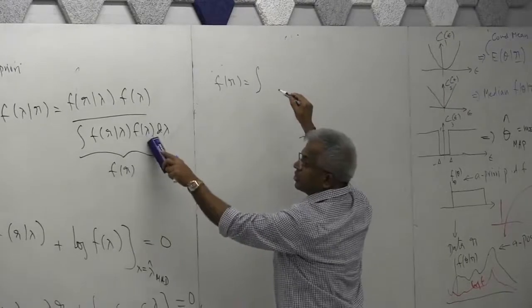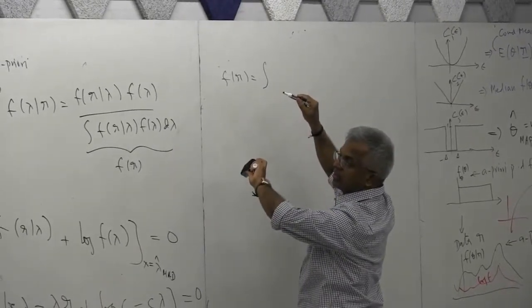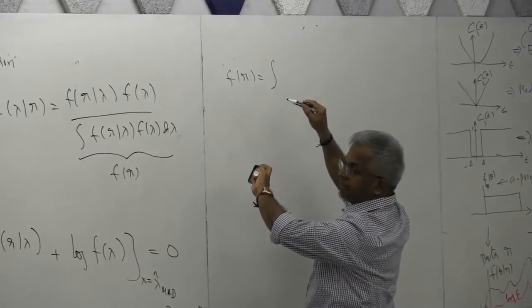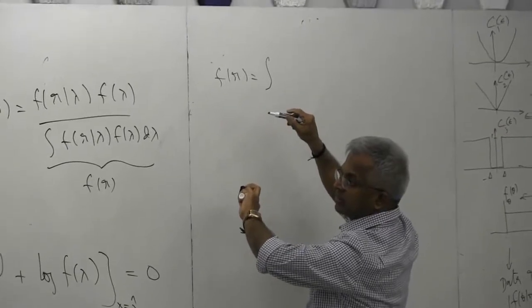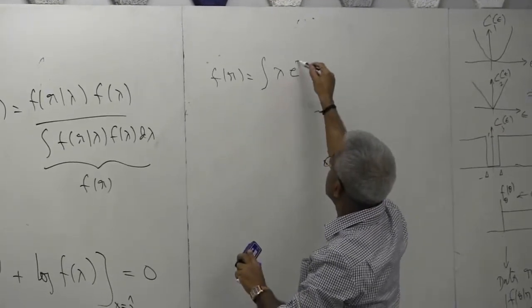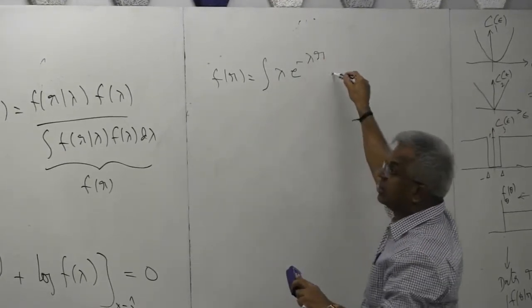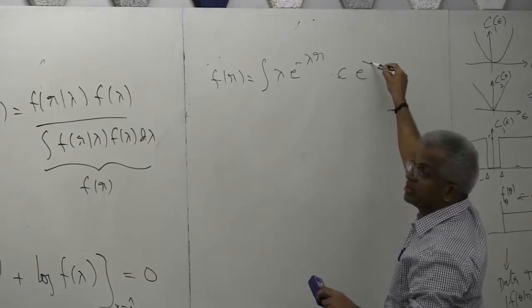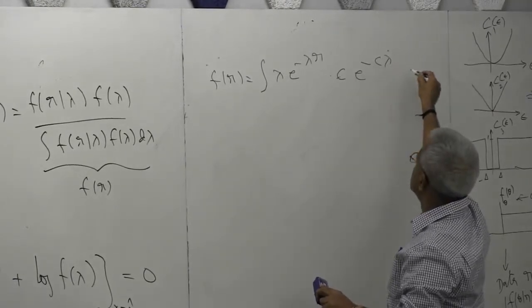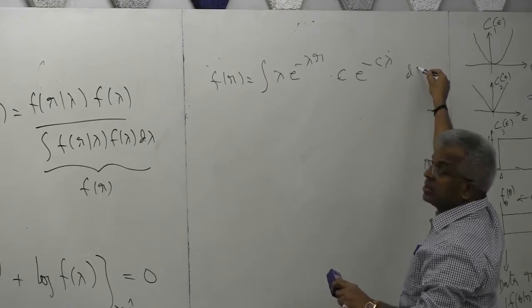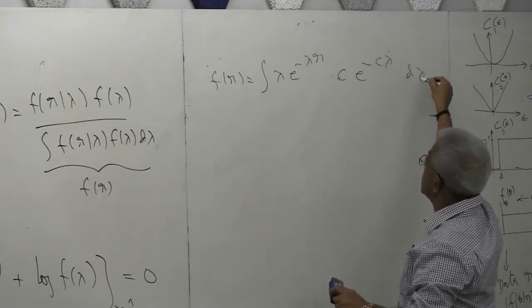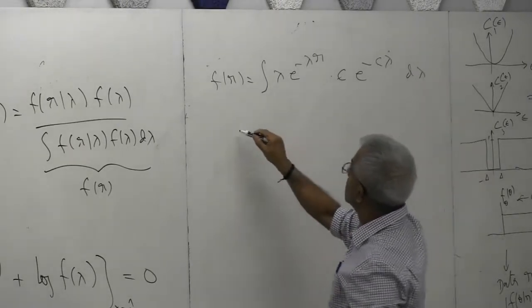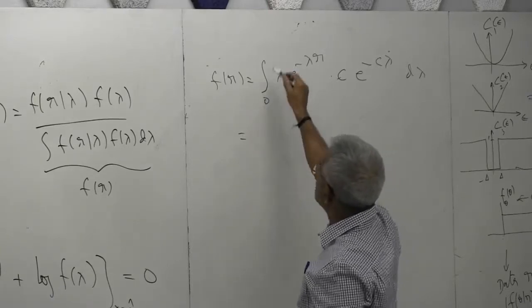Let me substitute each one of these. So f of r is the integral of lambda e raised to minus lambda r, c e raised to minus c lambda, d lambda, right? Where lambda goes from 0 to infinity.